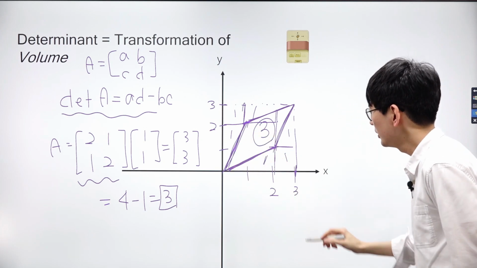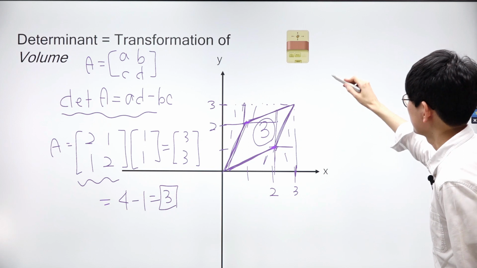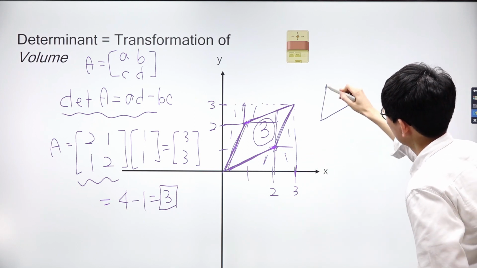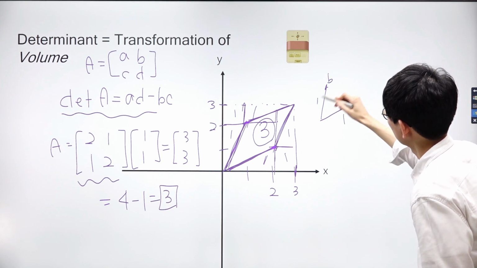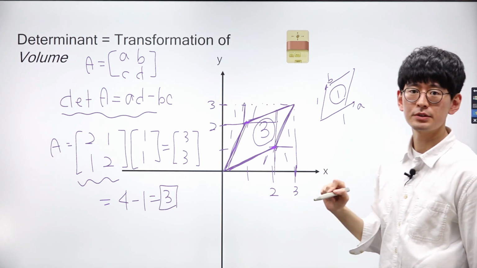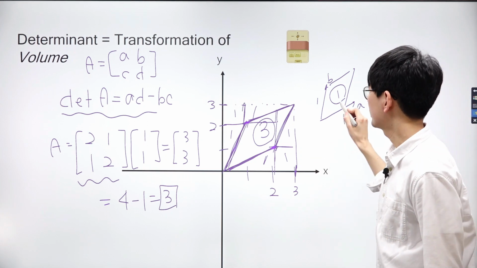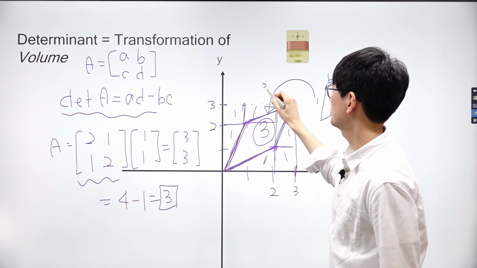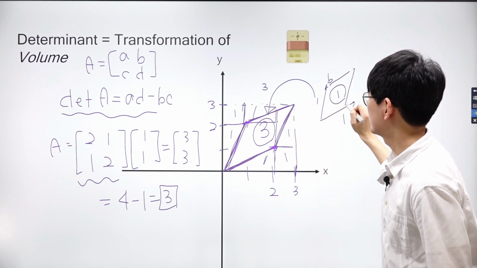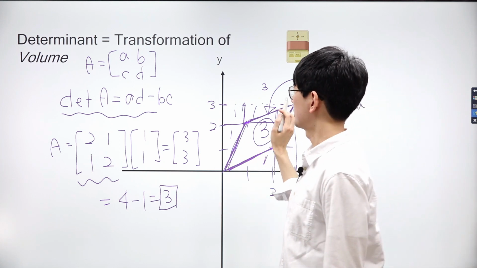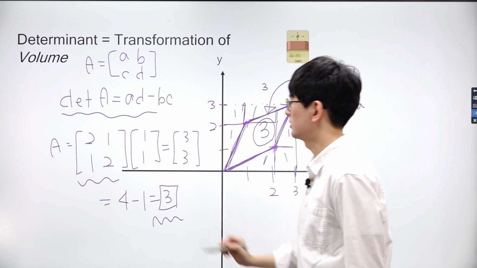In the transformed coordinate space, each vector in the matrix defines ones. In the transformed coordinate space, the length of both vectors and the area of the parallelogram are 1. However, in the original coordinate space, the area of the parallelogram is 3 as we measured. So the determinant of matrix A signifies that the area of the parallelogram increases by 3 in the original coordinate space from 1 to 3.